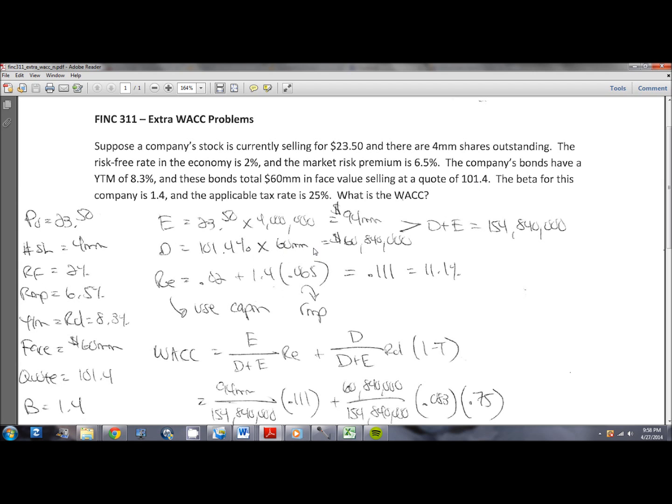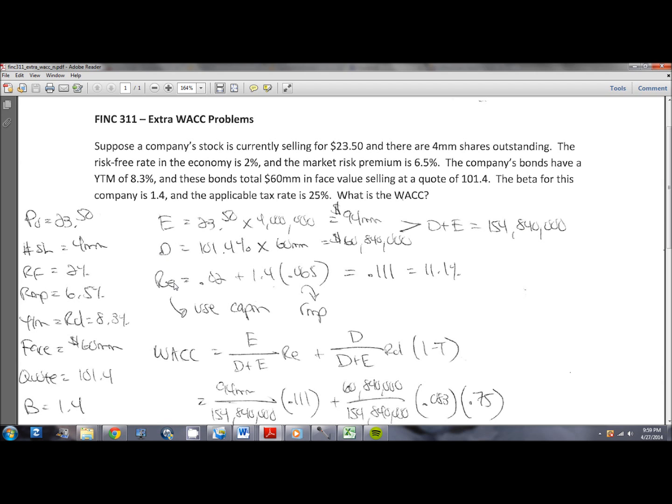So it's $60 million total in par, and then you simply multiply that by 101.4%. So it actually technically becomes 60 million times 1.014. And so that is 60,840,000. That is D. And then D and E together, I thought it would be useful to go ahead and do that addition off to the side. That's 154,840,000. So that is E, that is D.